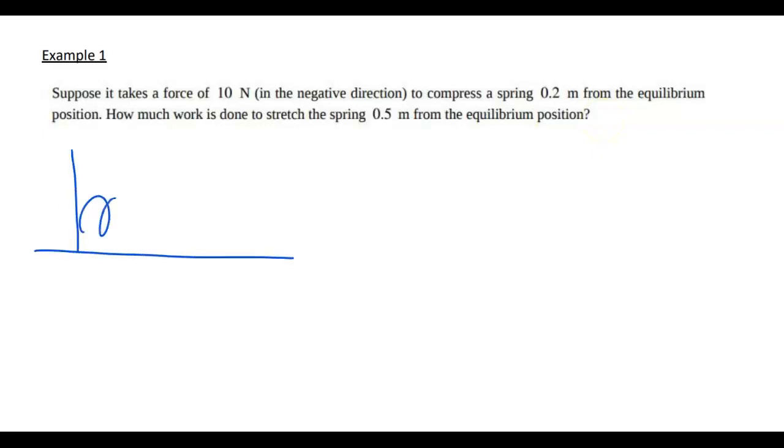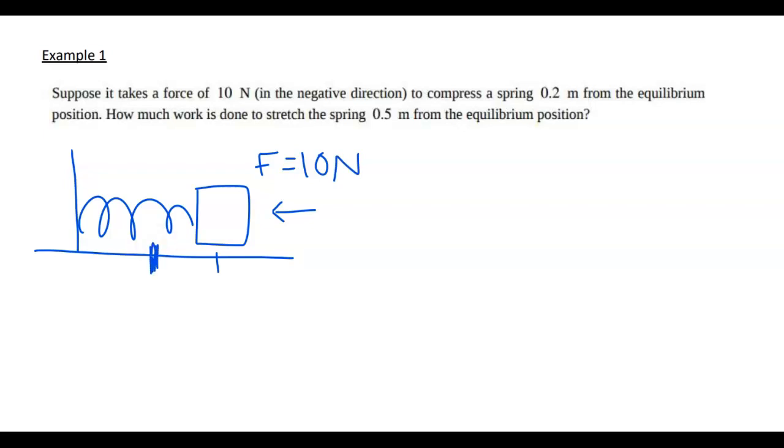So you have this spring set up and it's just sitting there, and a force is then put on here. That force is 10 newtons and it pushes that spring so that it actually starts at a negative 0.2. How much work is then done if we want to stretch the spring the other direction?